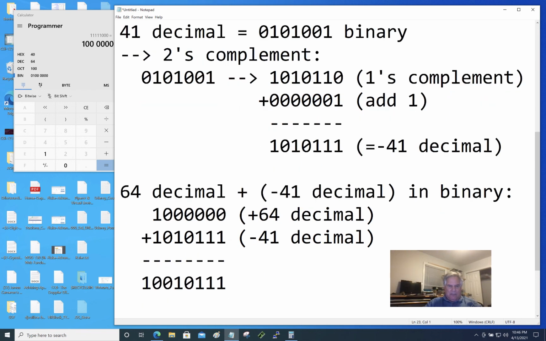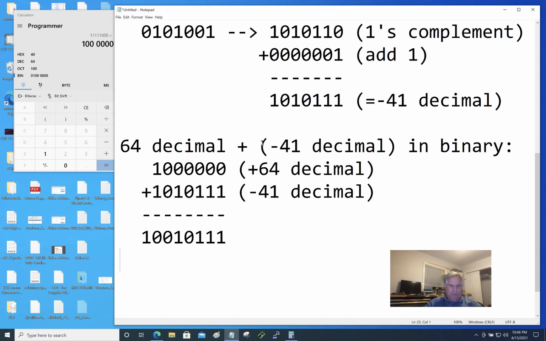So our answer becomes, oops, sorry, 0, 0, 1, 0, 1, 1, 1. And that's our answer. Well, let's see what it is.